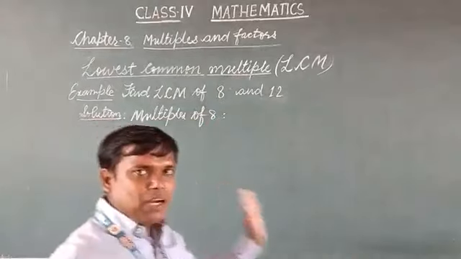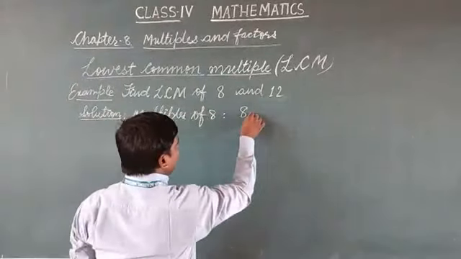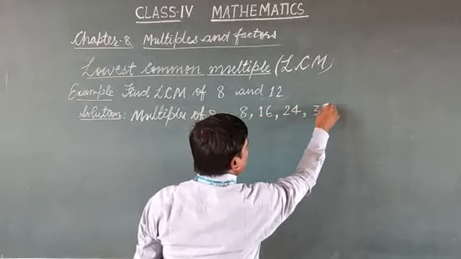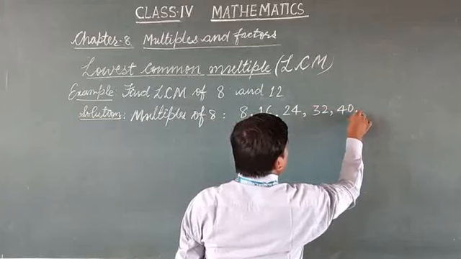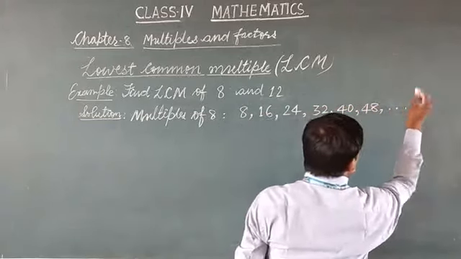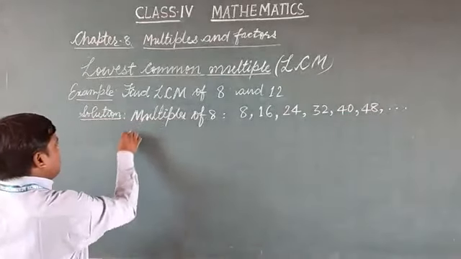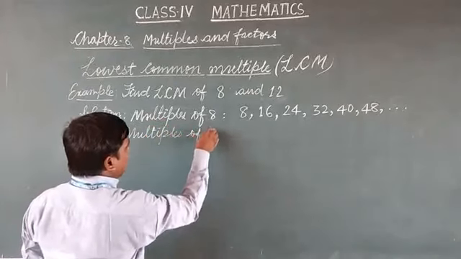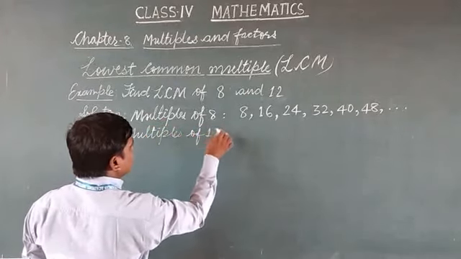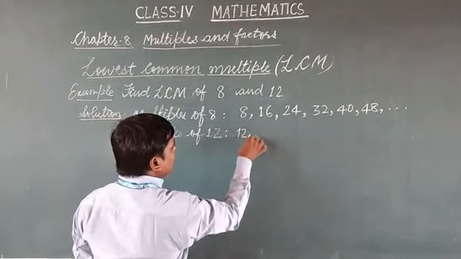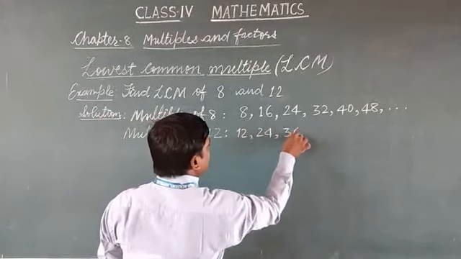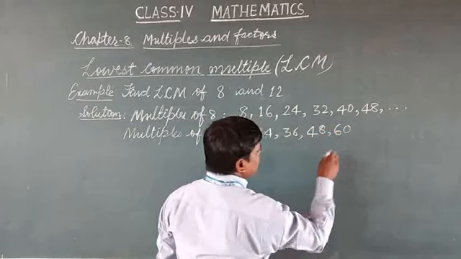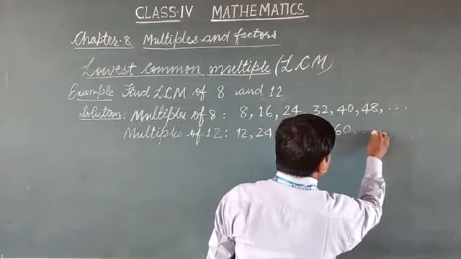Simply we write the table of 8. 8, 2 eights are 16, 3 eights are 24, 4 eights are 32, 5 eights are 40, 6 eights are 48, and so on. Now multiples of 12. 12, 2 twelves are 24, 3 twelves are 36, 4 twelves are 48, 5 twelves are 60, and so on.